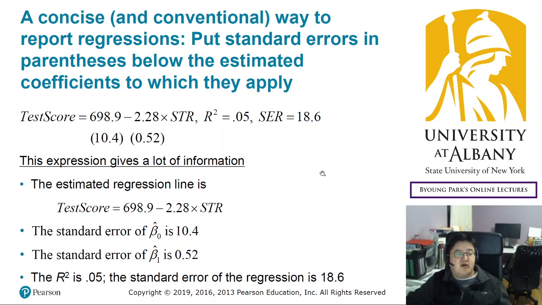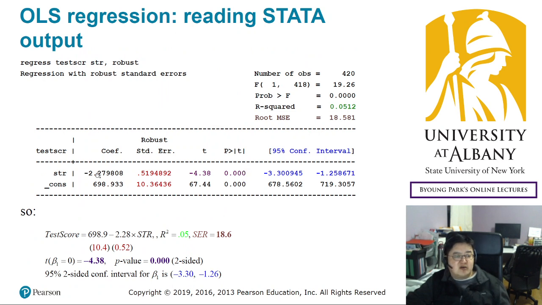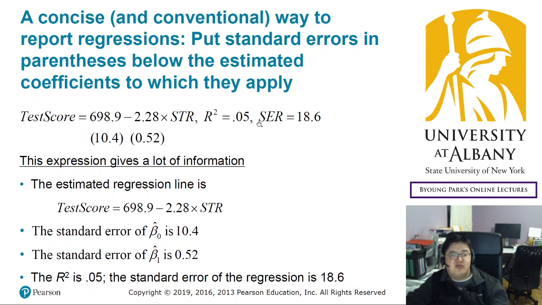So you know what is what, so you can take those numbers and report them, and also take this number, the root mean squared error. The standard error of the regression is reported here. Root mean squared error, I explained why it is this number.